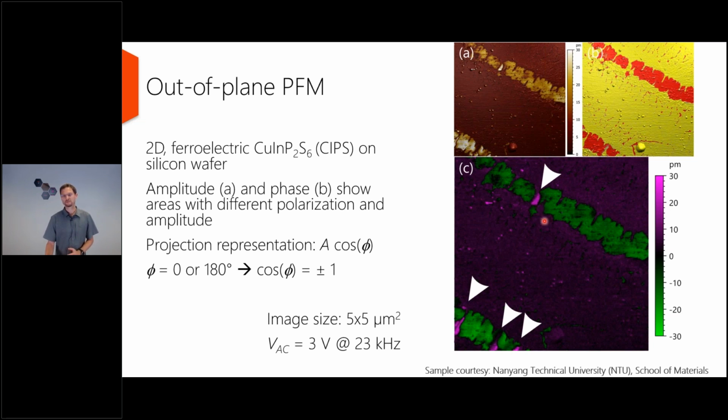So you more easily see the combination of polarization and amplitude information in one single image. And this was imaged with 3 volts of AC amplitude.